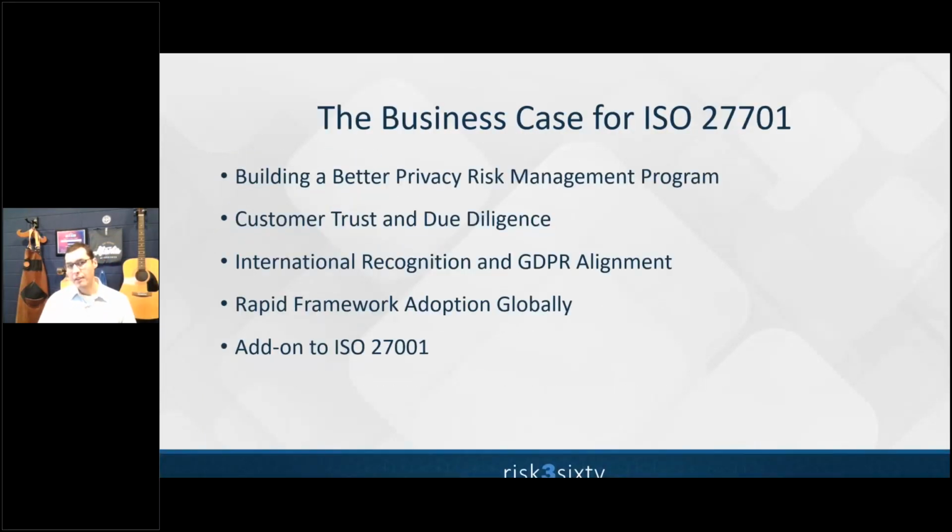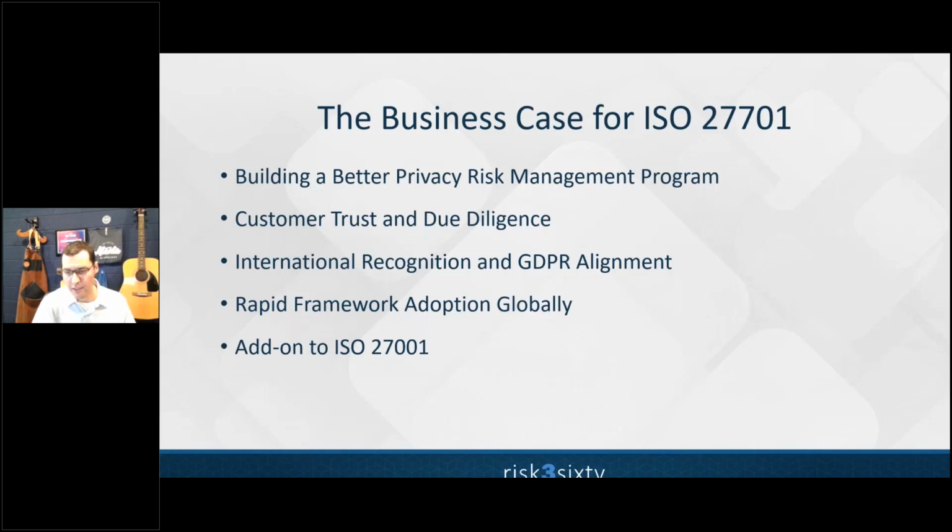So now, why do ISO 27701? What's the business case? There are a few that we commonly see. The first, building a better privacy risk management program. I'd argue this is really the goal of any ISO standard, is to build a better risk management program in that particular domain.